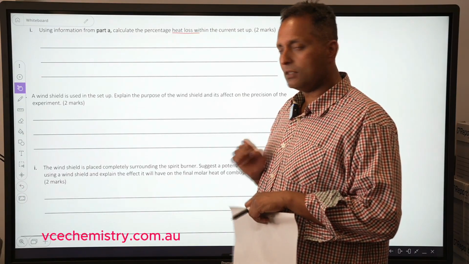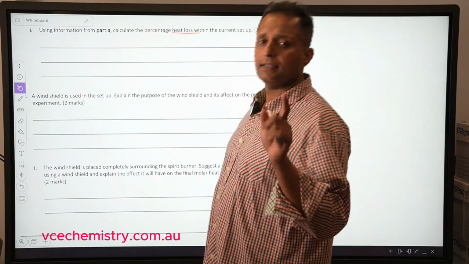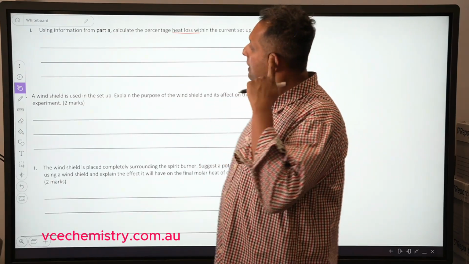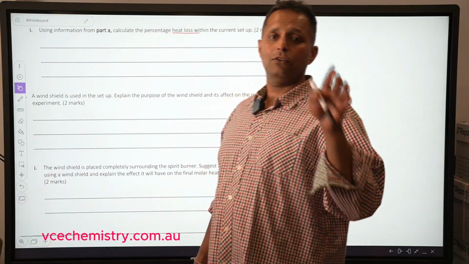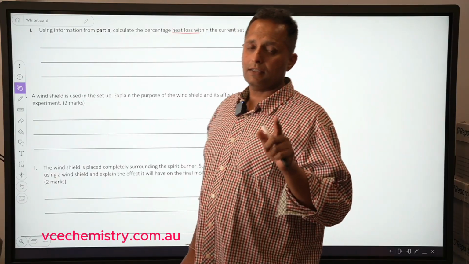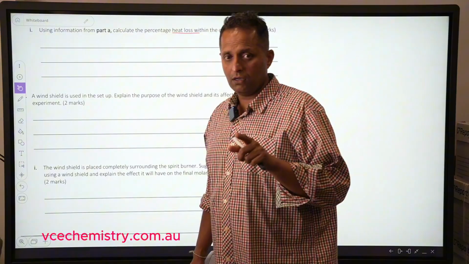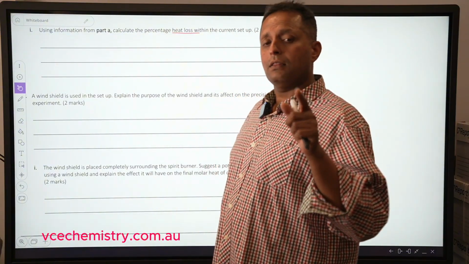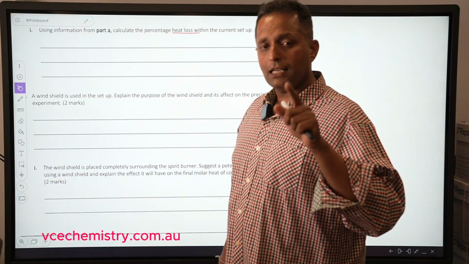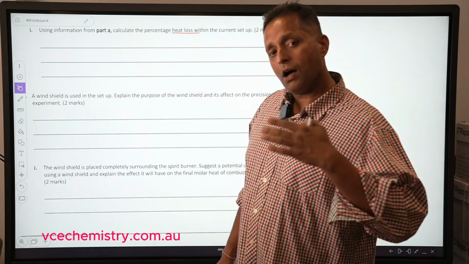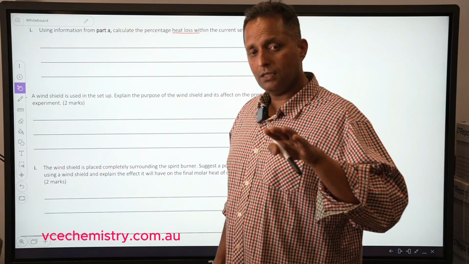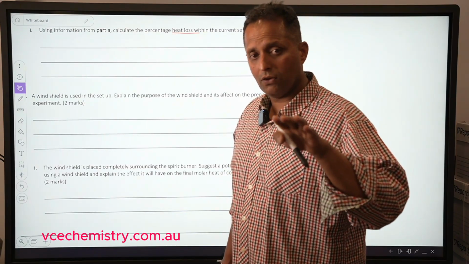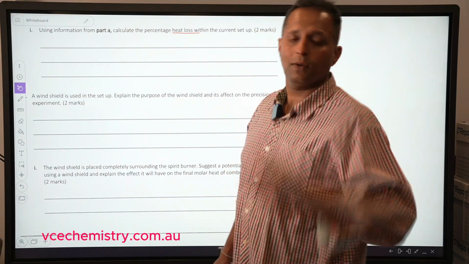Okay, so what's the first thing we need to do? We need to find the theoretical delta HC value. Now in the data booklet, that value is not given in kilojoules per gram. The theoretical value for methanol is given in kilojoules per mole. So our first task is to get the heat of combustion of methanol in kilojoules per gram.